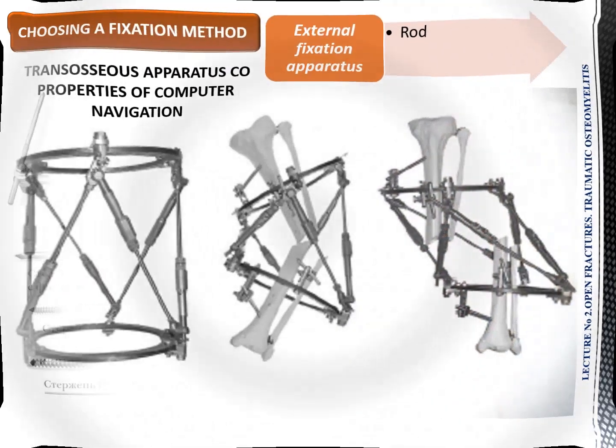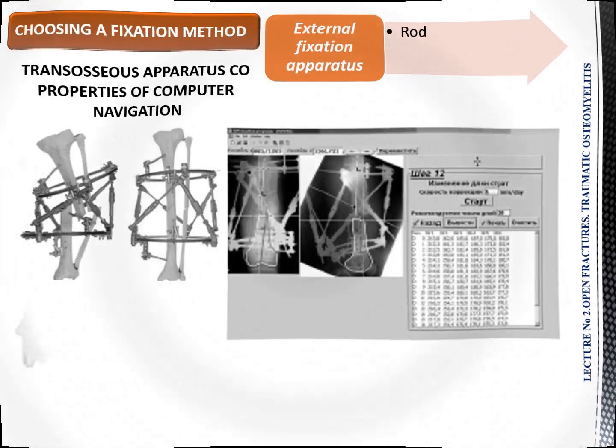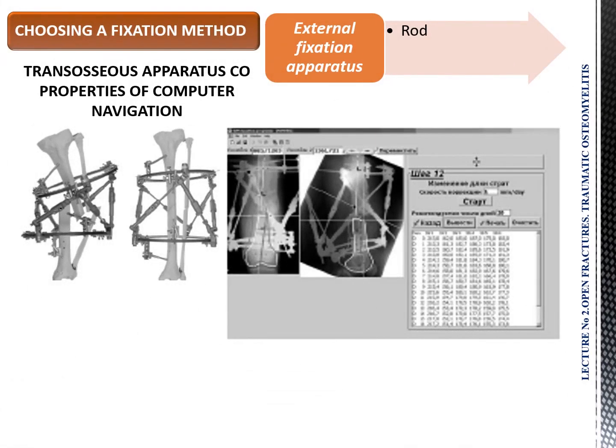To the point that at the moment there are devices with the properties of computer navigation. The beauty of these devices lies in the fact that after performing a qualitative X-ray examination, the computer, assessing the location of the rods, clearly composes an algorithm.